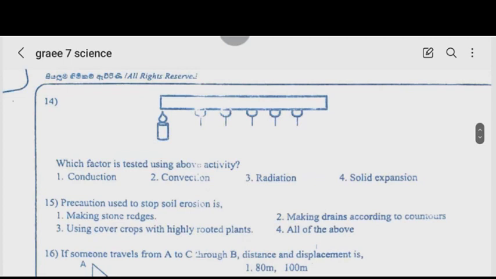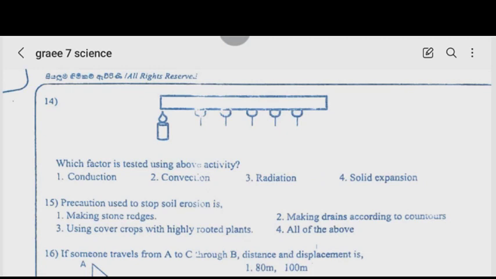One side of the iron rod we are going to heat with the use of a candle. So when the time goes, you can see the pins, one by one, are going to fall down. Because why? The wax is going to melt one by one.